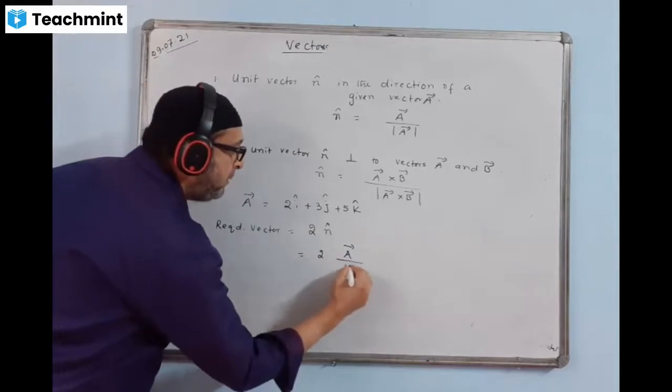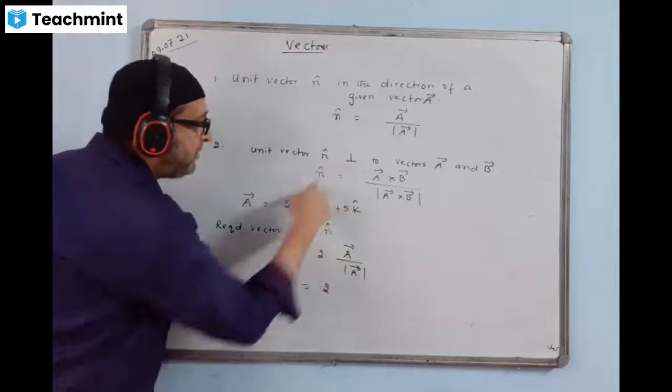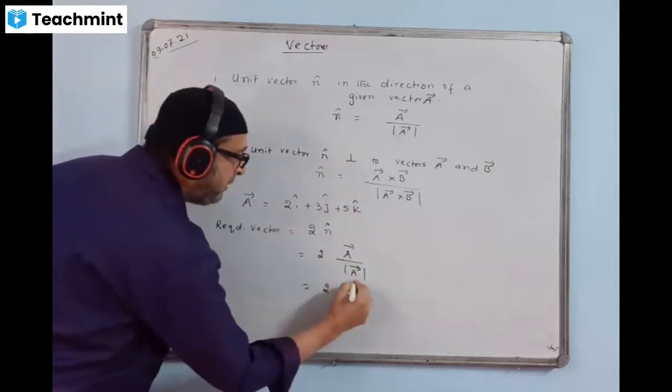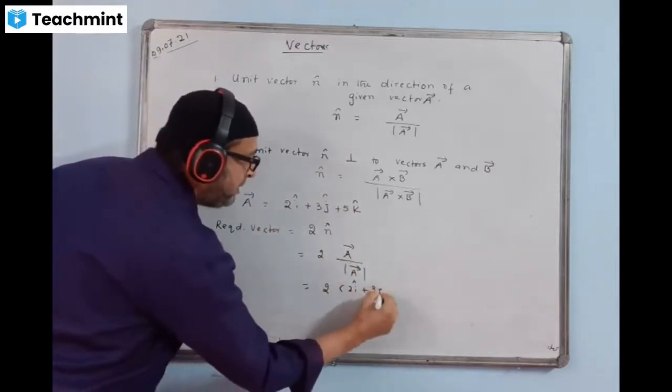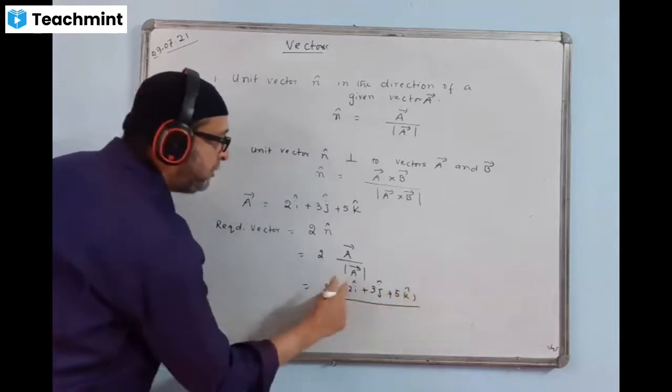A by magnitude of A. I copy vector A. What is vector A given? In brackets 2i plus 3j plus 5k divided by the magnitude of this.